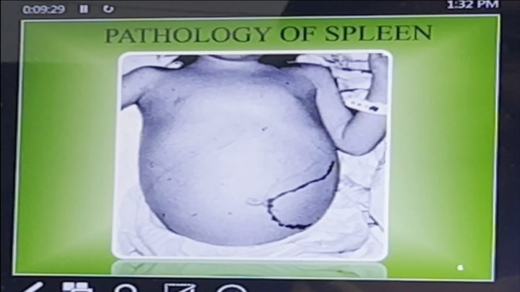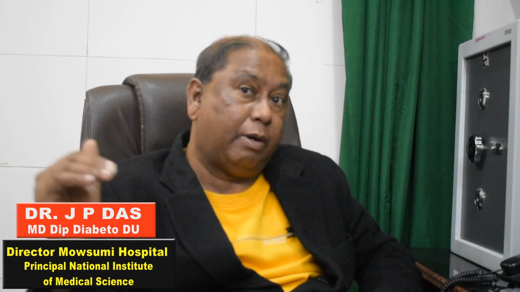Spleen is capable of growing enormously, extending inferiorly into left iliac fossa. It can go up to left iliac fossa. Sorry, I have made a mistake. Harrison says you have to start from the left iliac fossa.